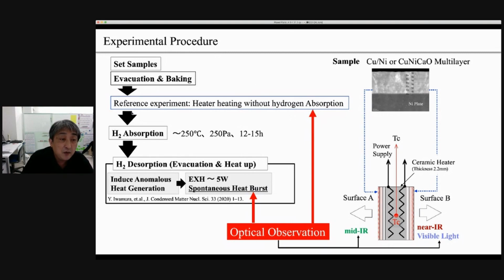This is a reference experiment. And next, we evaluate excess heat with this reference experiment. And next, we performed hydrogen absorption. After 12 to 15 hours, the experiment is started by evacuation and heating up the samples.